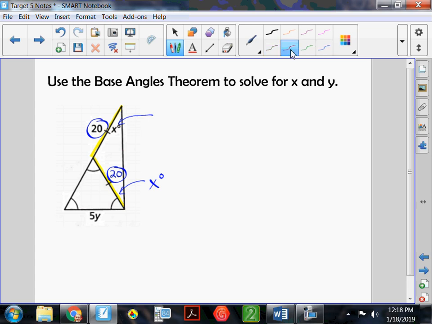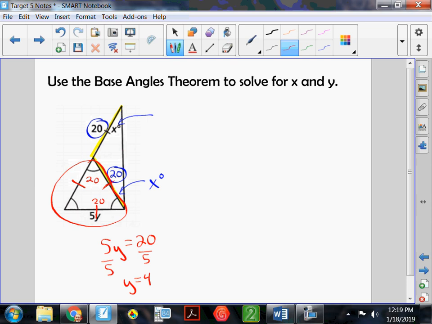I can use the sides because on this bottom I have an equilateral triangle, and so all of the sides are the same. And so that means all of the sides are 20. So 5y can equal 20, and if I divide by 5, then y equals 4. So I figured out that one.